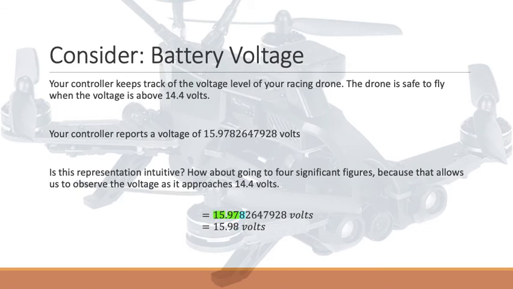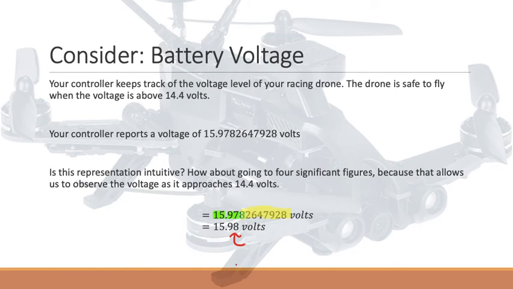So I concluded that any number above 4 significant figures is superfluous, because we don't really care what these particular numbers are here. We just want to make sure that it's above 14.4. So for observability's sake, if we go to 4 significant figures, we can see it on the 4th significant figure as the voltage approaches 14.4.